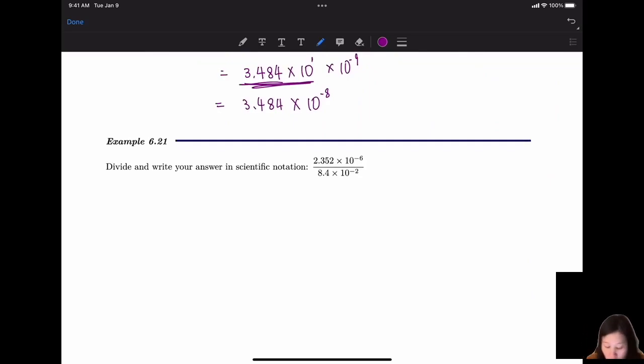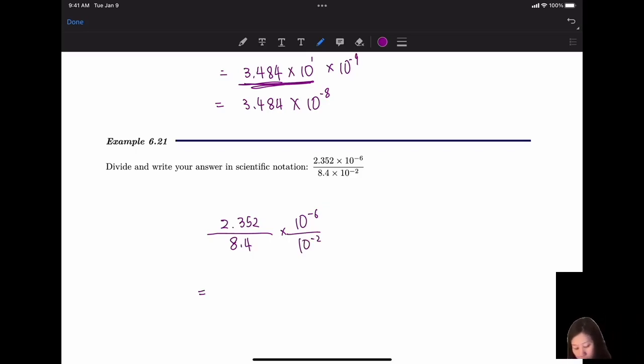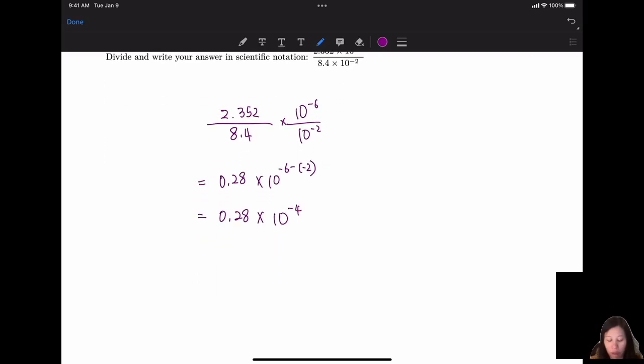Similarly to this one, you want to divide the numbers together and then combine the exponents. So 2.352 divided by 8.4, this is 0.28, times 10 to the negative 6 minus negative 2. We have 0.28 times 10 to the negative 4, because that is equivalent to adding 2.